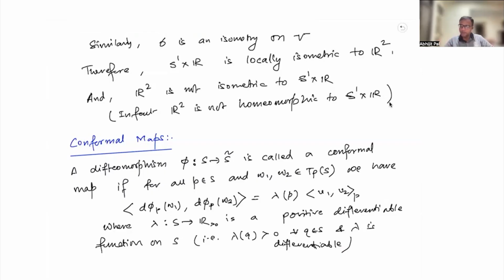If a diffeomorphism satisfies this property, then we say that the diffeomorphism is a conformal map.